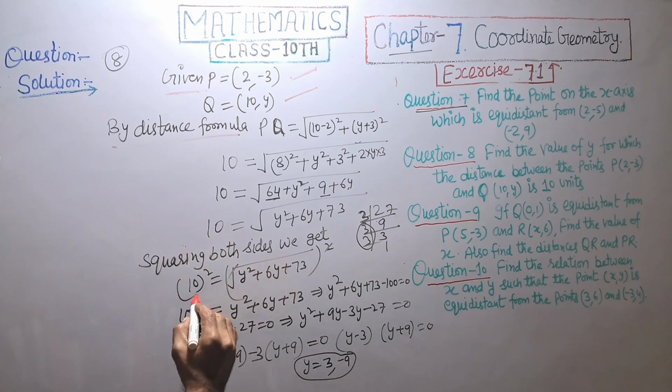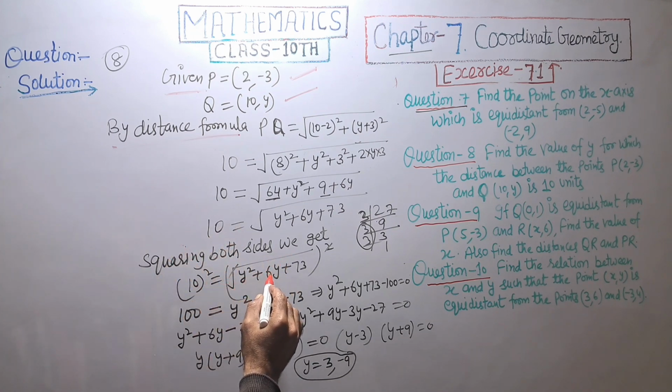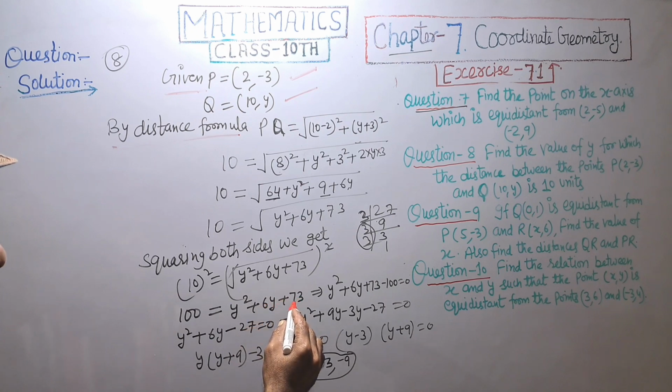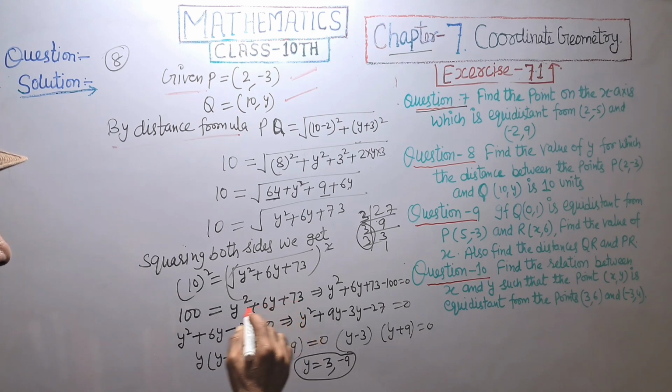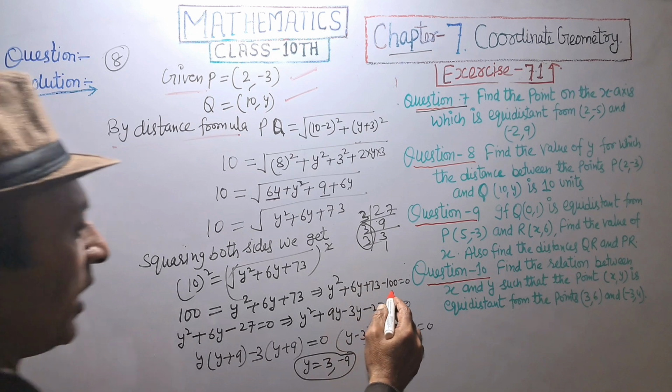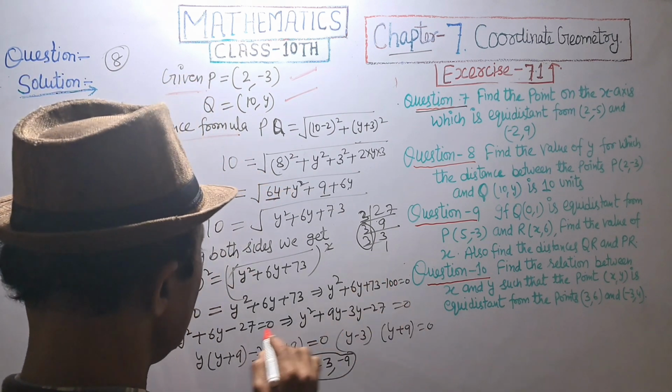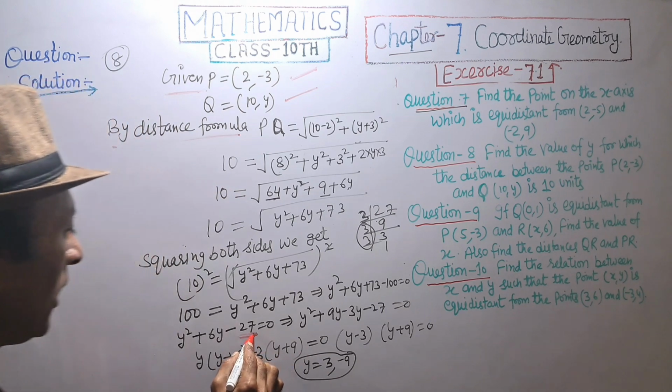Squaring both sides, we get 10 square equal to y square plus 6y plus 73. So 10 square equal to 100. Shifting 100 to the right side, equal to 0. 100 minus 73 is equal to minus 27.